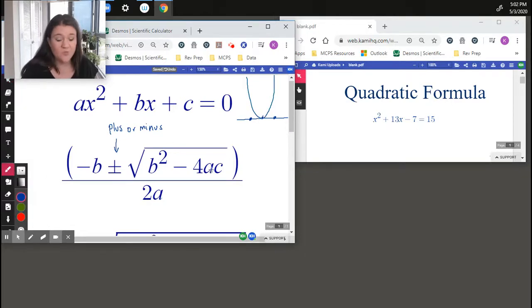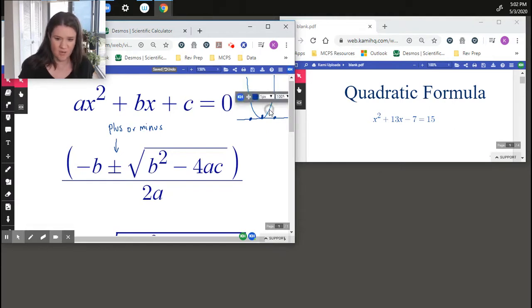So that means the way you would get that, and this is a preview and really complicated stuff, but if this is here, and there's only one answer, well, that means that you're adding or subtracting 0 to it, right? If I add or subtract 0, the number stays the same. So if all this mess under here is 0, then there'll be one answer. And sometimes there's no real answers, and we'll talk about that a little bit later.